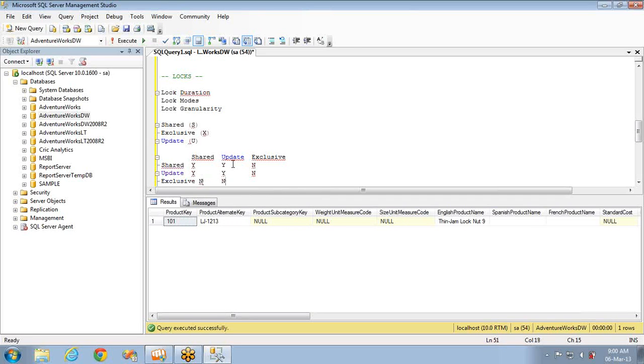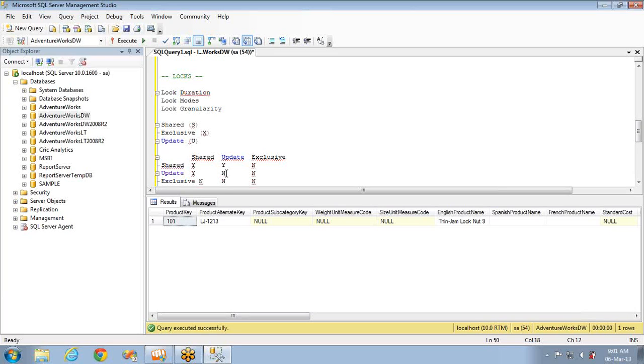No, no, no. So if you see this table, when a shared log is there in a resource, you can set another shared log. Fine, it is possible. When a shared log is there, you can set another update log. It is fine. When a shared log is there, another exclusive log is not possible. And in the same way, when the update log is there, you can set one shared log. That is the reverse of this. Okay, this is fine. When the update log is there, this is no. You cannot set another update log.